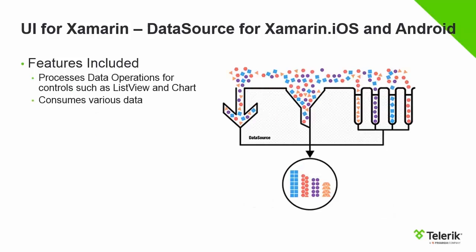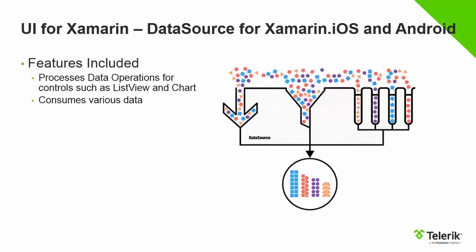Telerik Data Source is a non-UI component that consumes raw data and processes the data operations for controls such as list view and chart. The control performs sorting, filtering, and grouping, saving developers time and effort to build the functionality themselves.